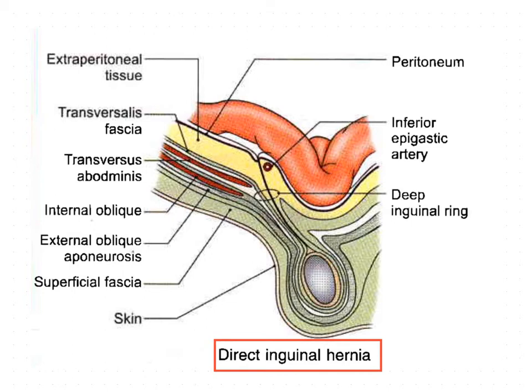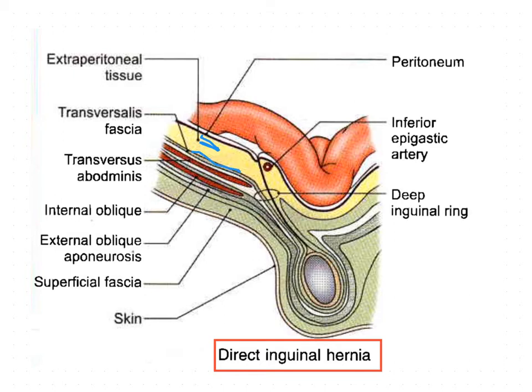Now we will see the coverings of this lateral direct inguinal hernia. Most inguinal hernias occur on the lateral aspect. The coverings are the extraperitoneal tissue, which you can see here, and then fascia transversalis.